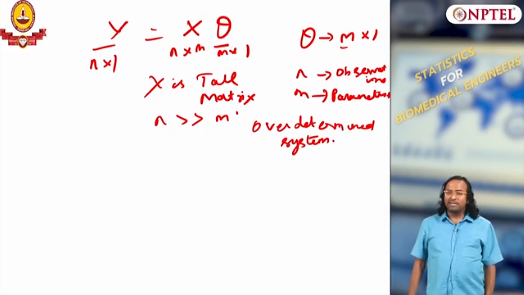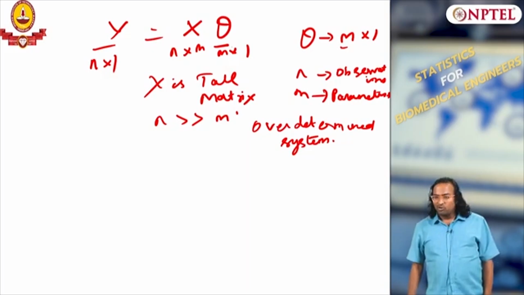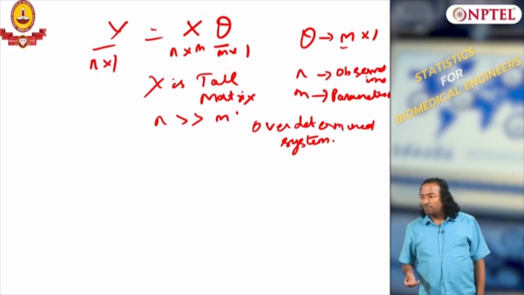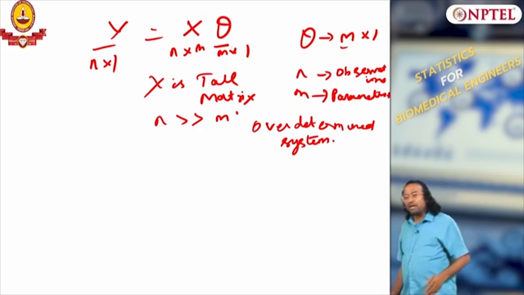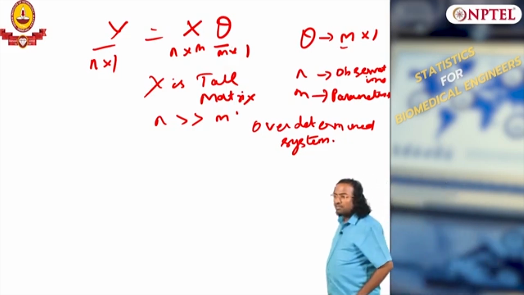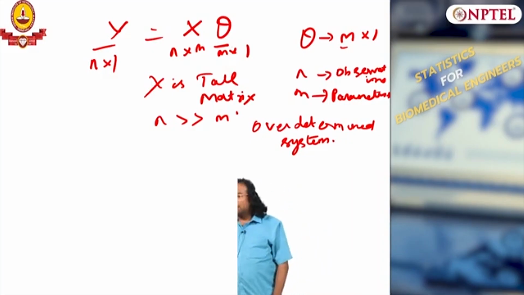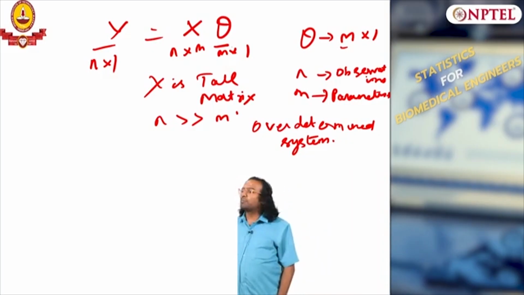If you take simple DNA base pairs, there are so many combinations possible, but will you do so many experiments? You would possibly have done 10 or 20 people or 100 people, but the base pair combinations that could happen are in millions or even billions. So that is an underdetermined problem.